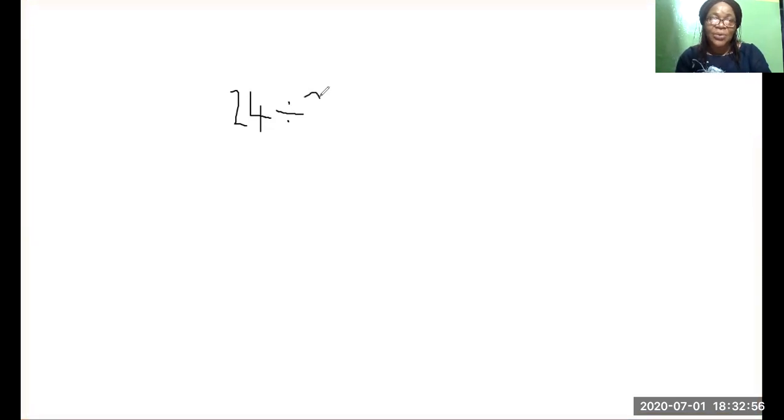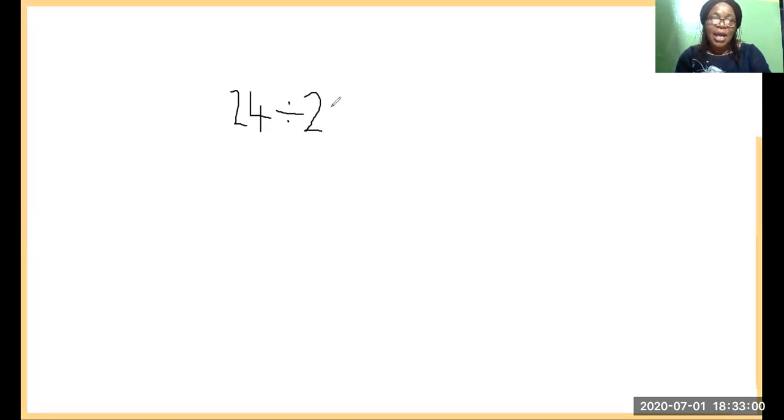What is the divisor we are going to use? We are going to use 2, okay? And what will be the answer? The answer here is 12, okay? Simple mathematics, in the short form.